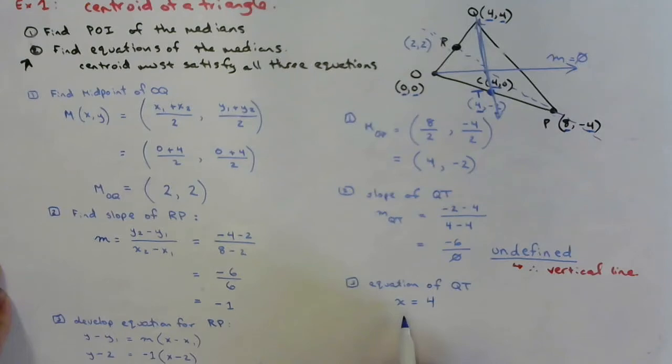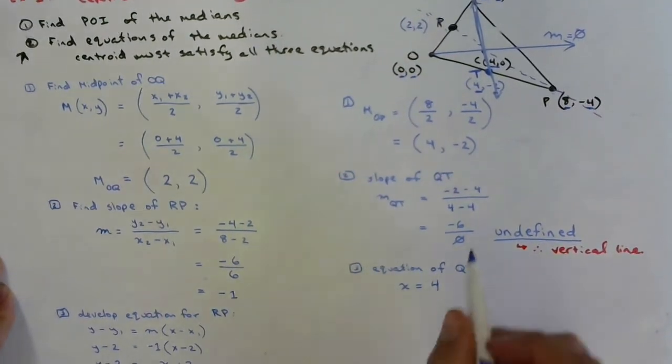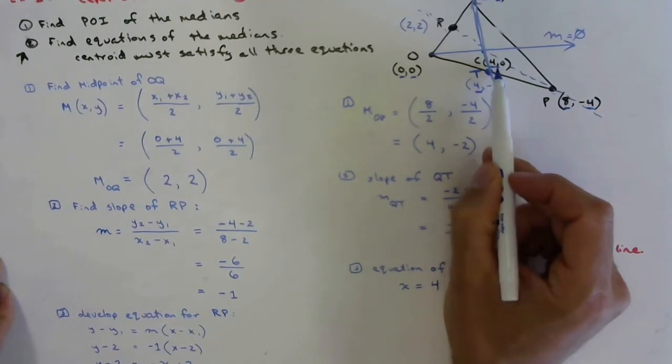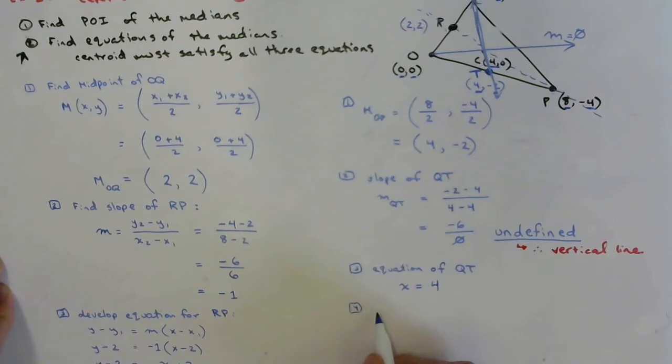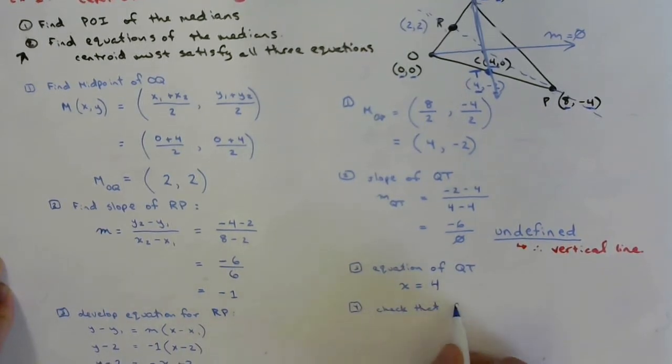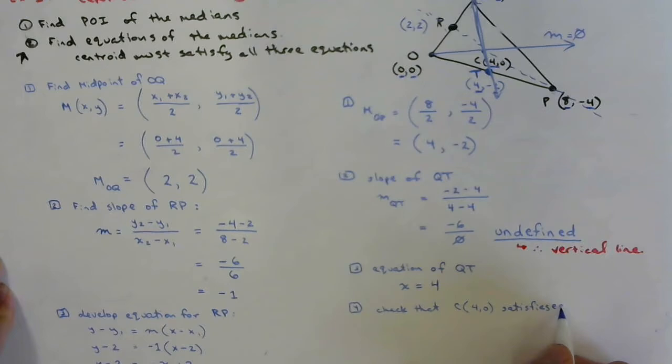Well, this is going to get pretty easy from here. All I need to do is check that my supposed centroid, C at (4, 0), satisfies this equation.